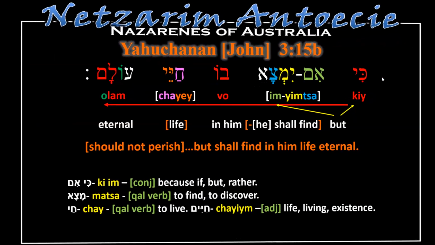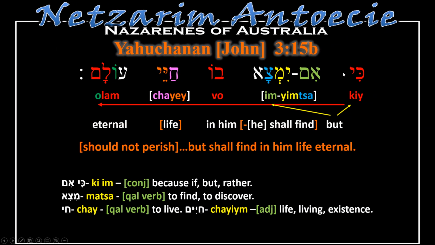And now we turn to 15b, and we have a kaf, a yod, a mem sofit, mem at the end of a word. As you can see, it looks different than this mem, but it's used at the end of a word. Then we have yod, mem, tsade, aleph, veit, vav, chet, yod, yod, ayin, vav, lamed, mem sofit, and we read im. Now that comes from ki im.